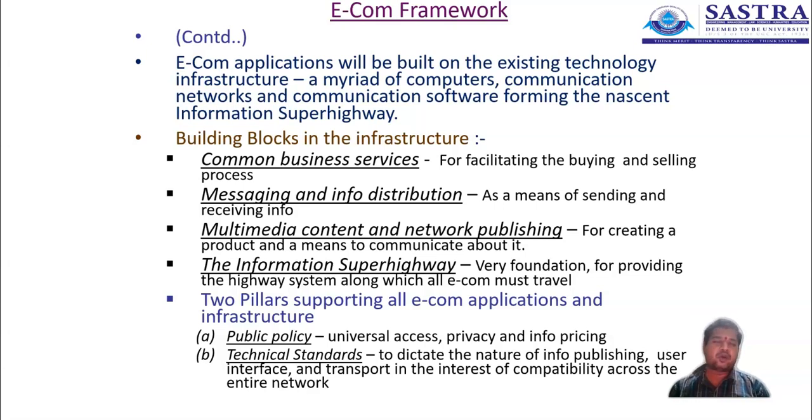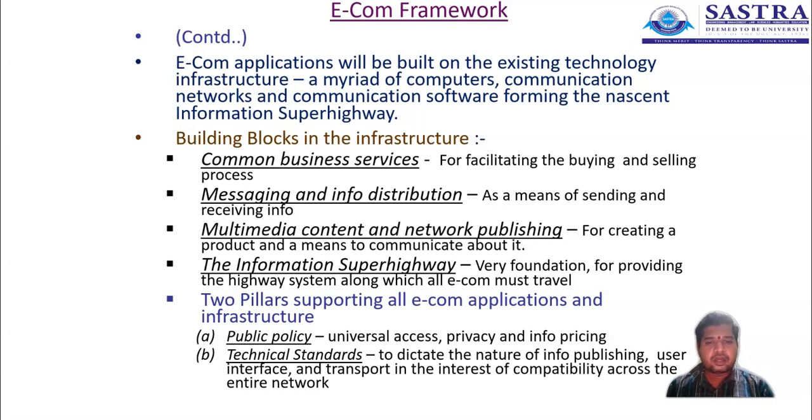We have privacy for all things, not only for an application like e-commerce, but for each and every application we have, as well as information pricing. Then technical standards dictate the nature of information publishing, user interface and transport in the interest of compatibility across the entire network.